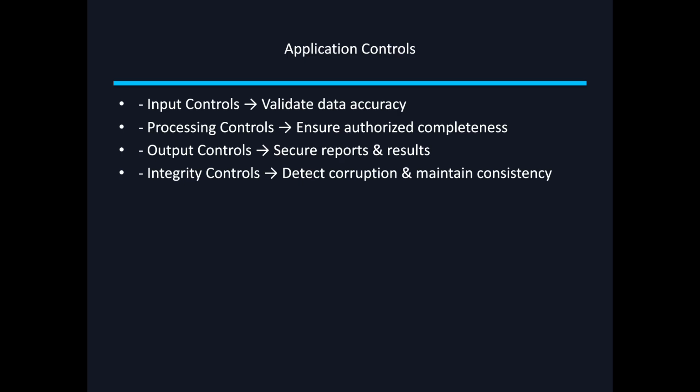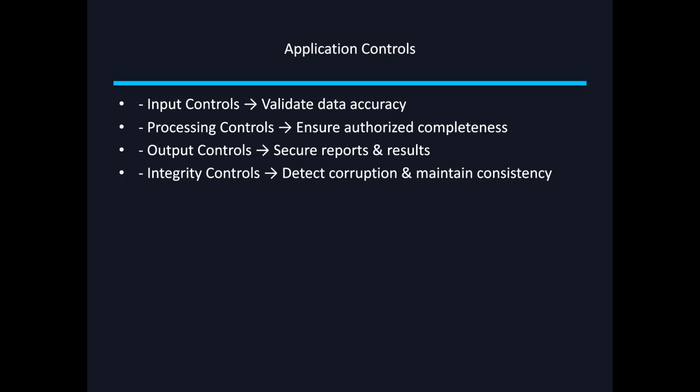Examples are distribution logs and output encryption. Then integrity controls maintain data consistency, which can be achieved, for example, by checksums and file totals.